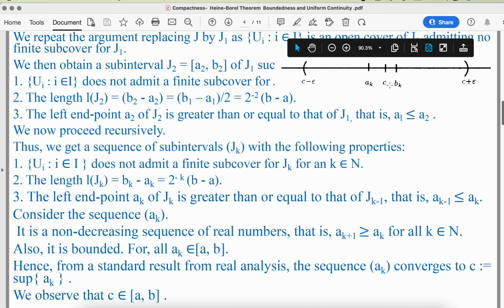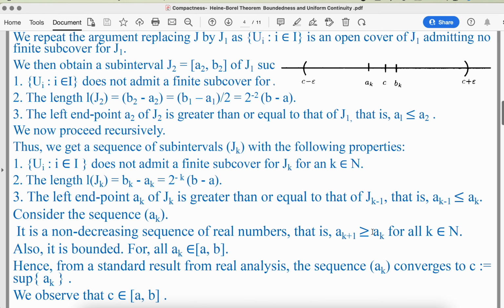We have drawn the figure here. So it is Ak, it is Bk. C is the point in between Ak and Bk, and this is in the neighborhood of C minus epsilon and C plus epsilon. So if we consider the sequence Ak, it is a non-decreasing sequence of real numbers.